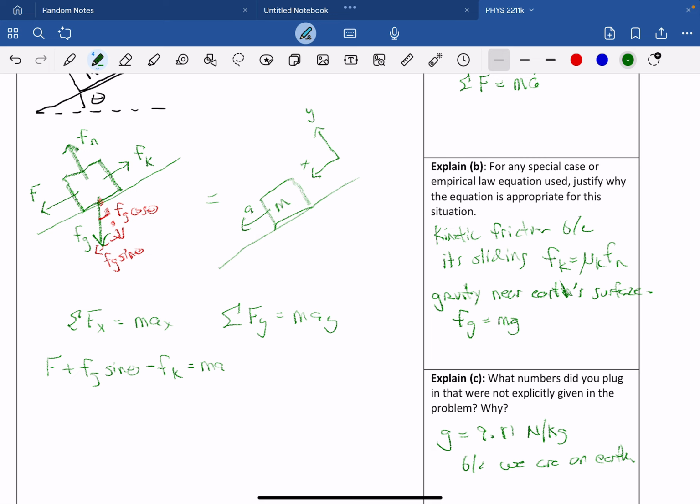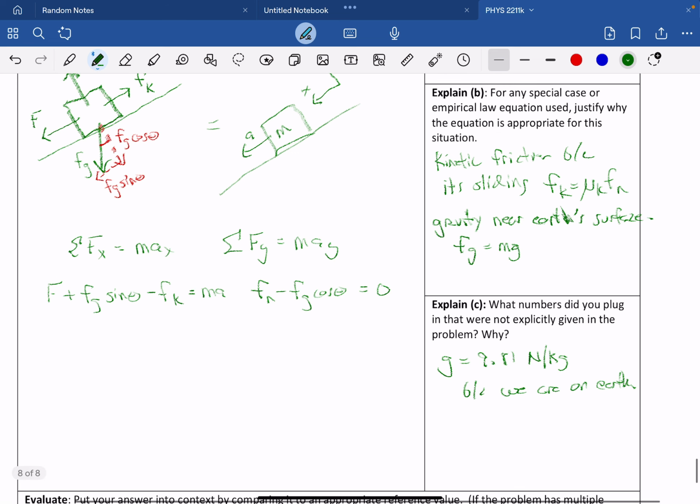In the y direction, we have the normal force pointing away from the hill, and we have Fg cosine theta pointing into the hill, and those two forces are going to add up to 0 because there is no acceleration in the y direction. The acceleration only points in the x direction.